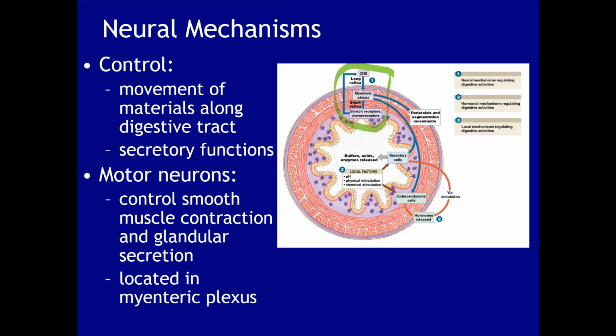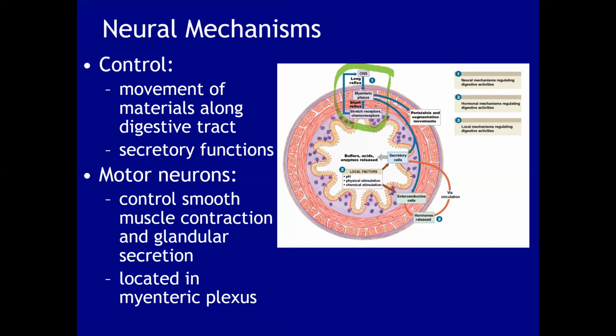Stretch receptors and chemoreceptors are nervous system receptors within the digestive system. The stretch receptors are just that. When you stretch your digestive system by filling it with food, there is a nervous system response. Chemoreceptors, in much the same way, when a specific chemical is present, then you will get a chemical nervous system response.